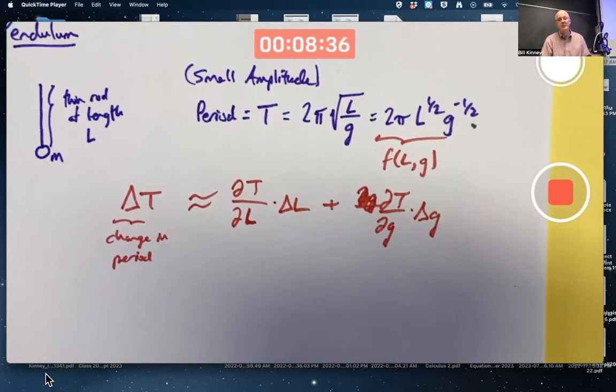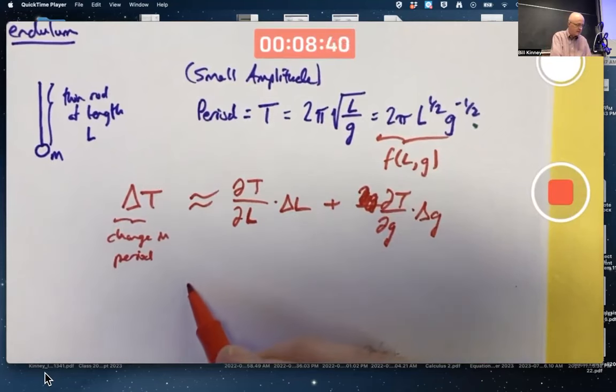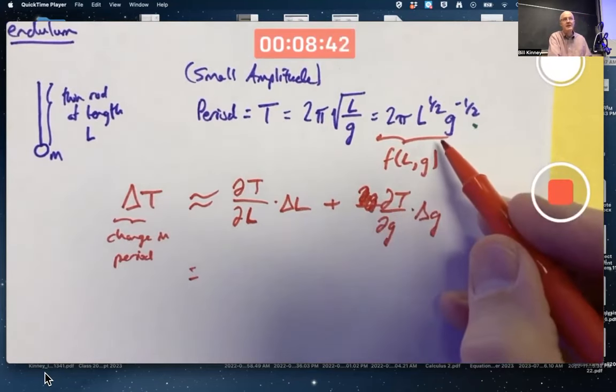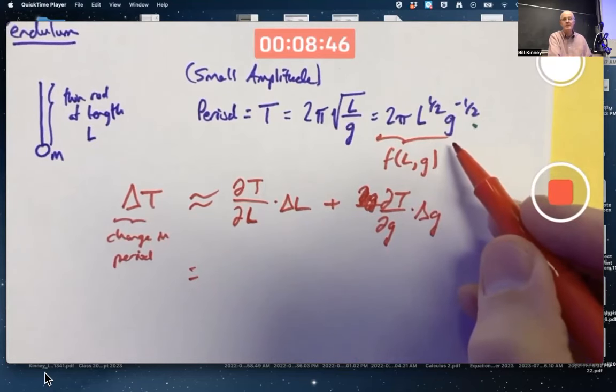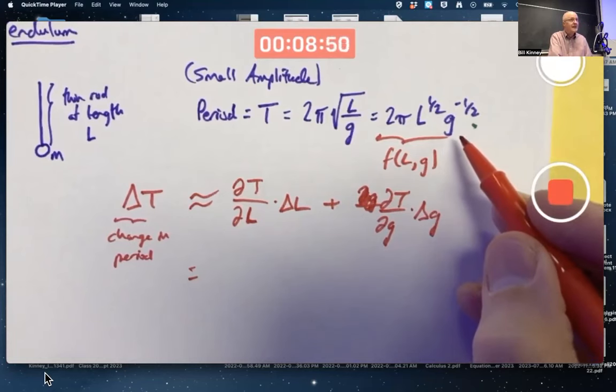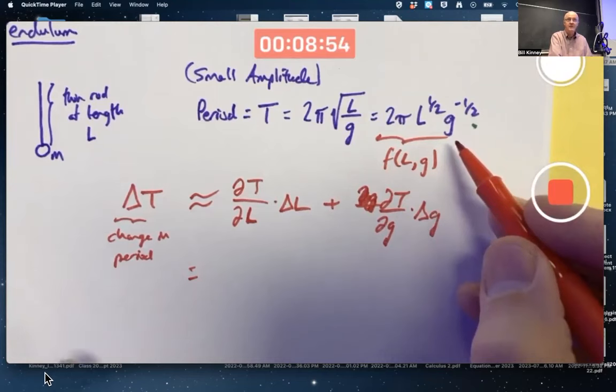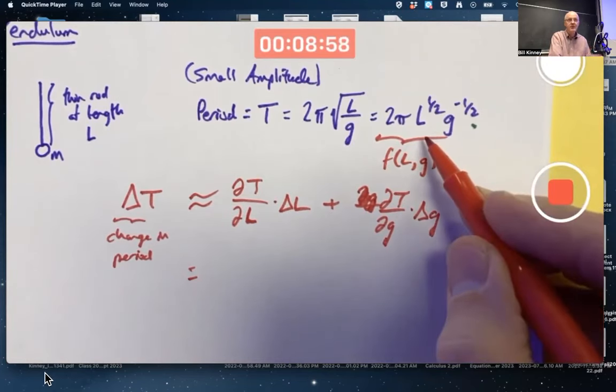If I'm going to use this formula, I'm going to have to find those derivatives. It's easier to think about it with the exponents than with the square root symbol. When you take the partial derivative of this thing with respect to L, treat the G like a constant. Constant multiples, when you take derivatives, just get carried along for the ride. The only thing you have to differentiate is the L to the 1/2.